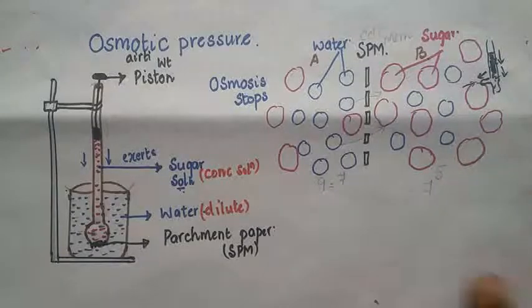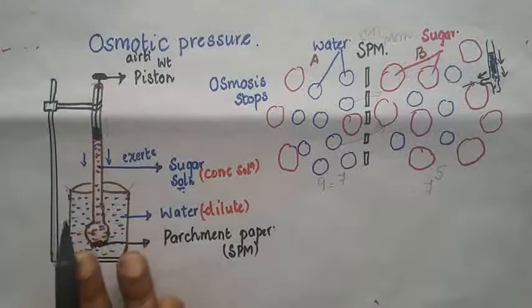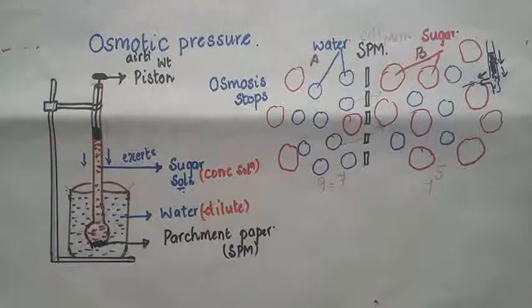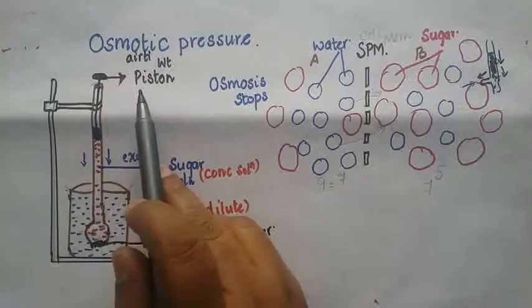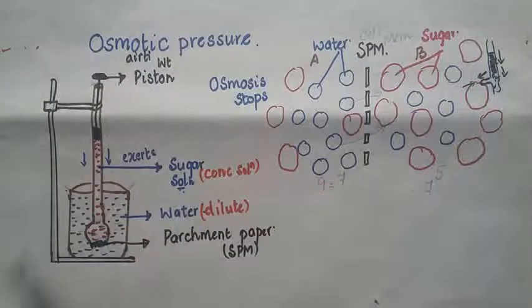So you can say that osmosis stops. If you keep this setup even for about 2 or 3 hours, you will never find the osmosis occurring, because of this piston which has some weight and has stopped the osmosis.